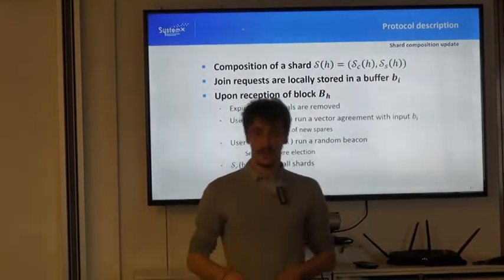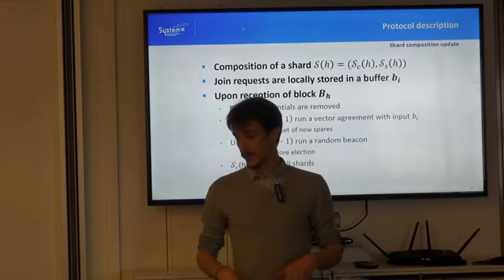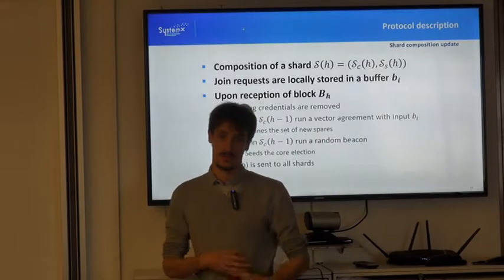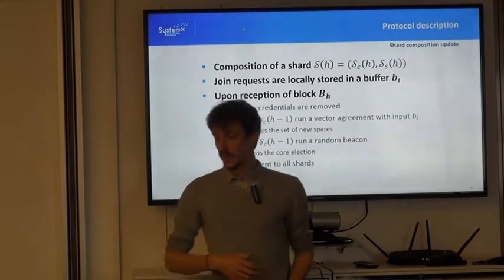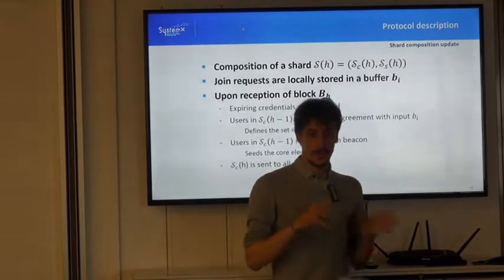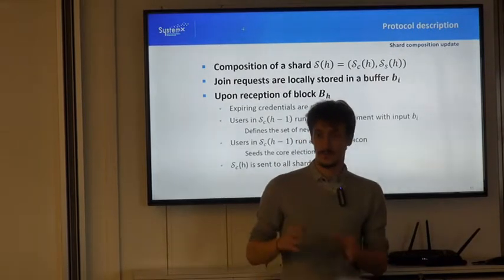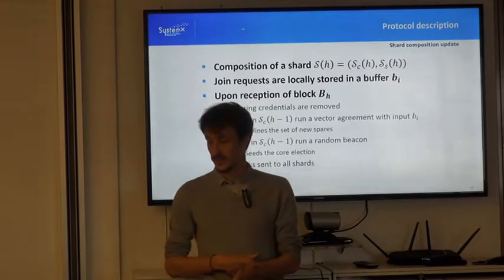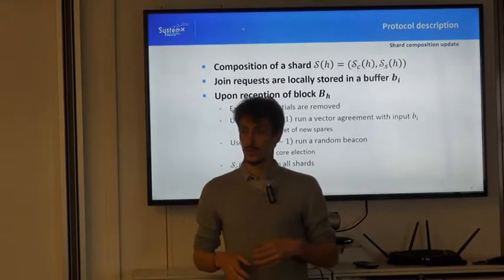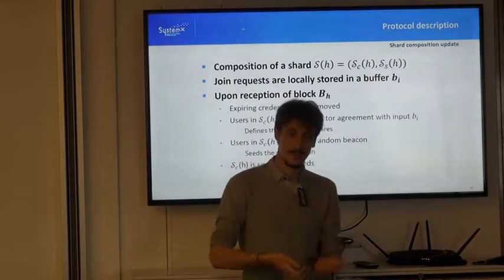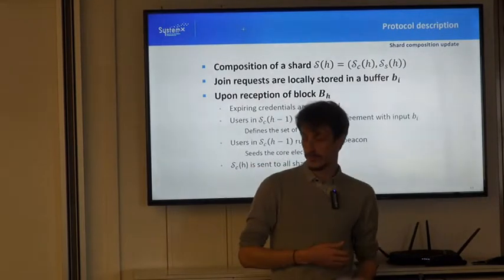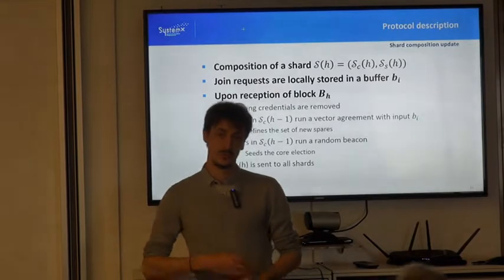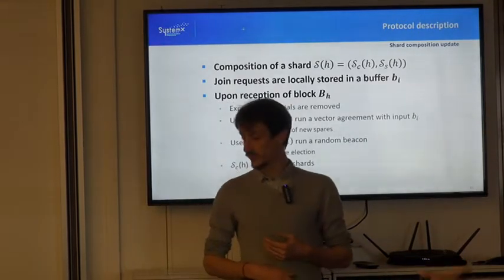So given that we have shards now, with the core set and the spare set, how do we update the composition over time? First, join requests are for a specific shard and are routed directly to that shard, and the core members between blocks locally store the pending join requests. When we receive a new block, we want to go to the next composition, the next view.